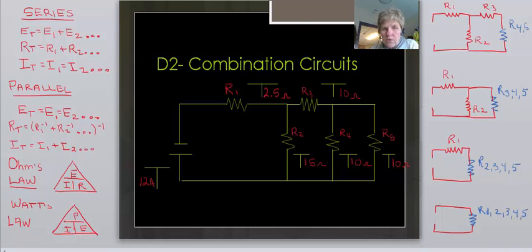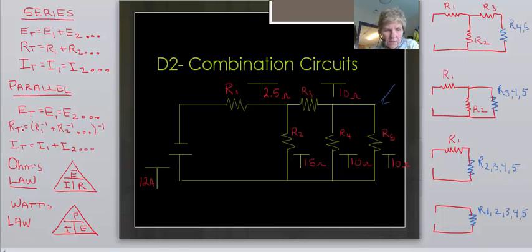So to get started, we have to start reducing from the opposite end from the source. So the source is over there, so I'm going to look at this area first. And if you notice, what I did was I took R4 and 5, which are in parallel, and I reduced them down.